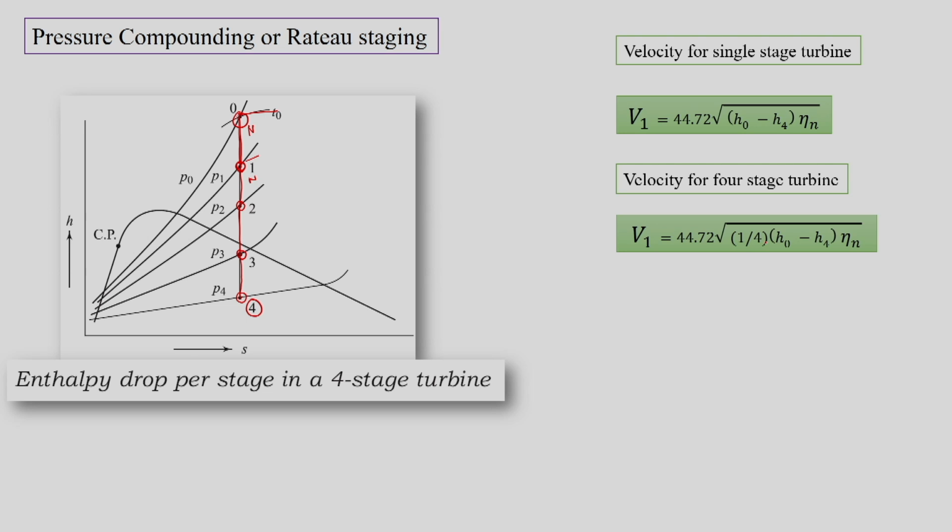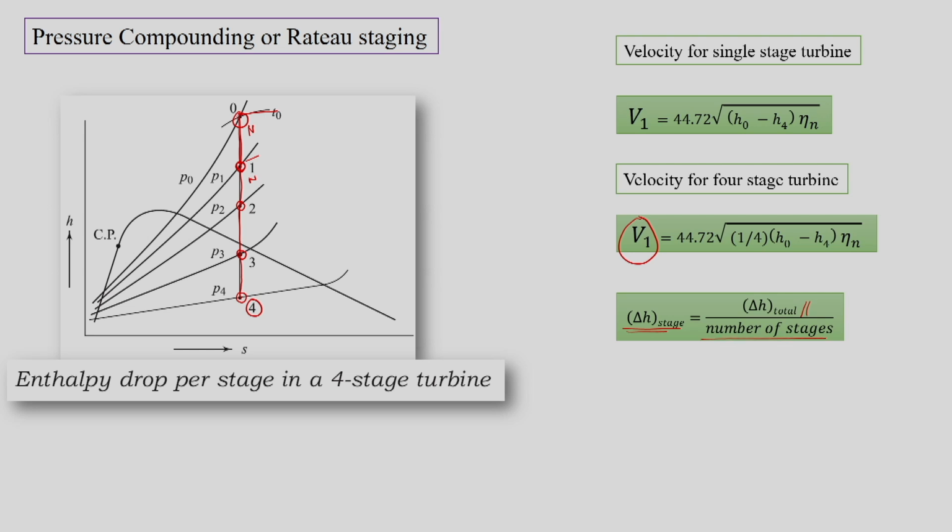So, this enthalpy drop times 1 by 4 times nozzle efficiency, square root, times 44.72 is the first velocity, or velocity at the exit of the first nozzle. If we had 3 stages, then this 4 would be replaced by 3. So, the enthalpy drop in one stage is equal to the total enthalpy drop divided by the number of stages.